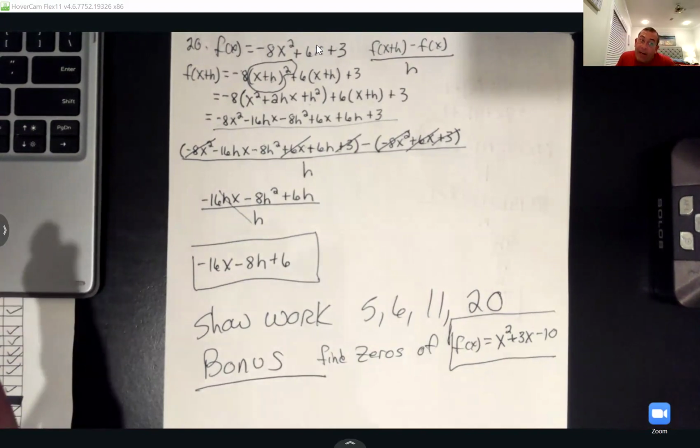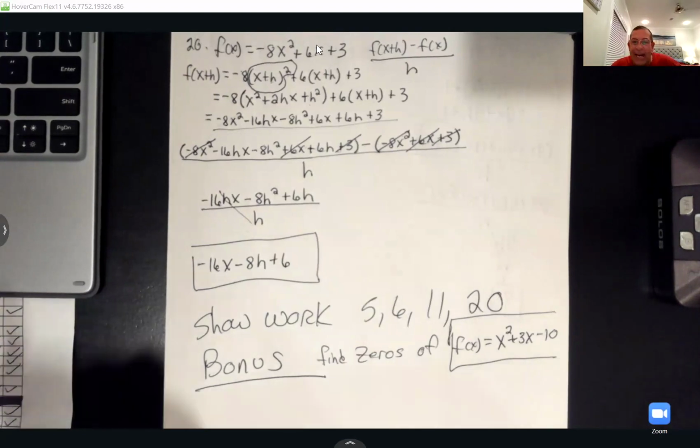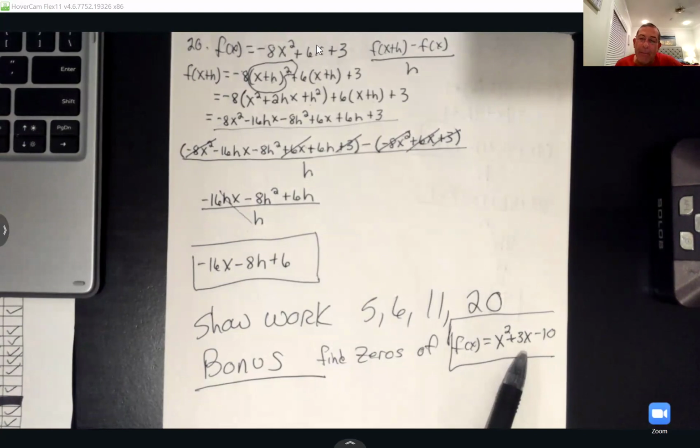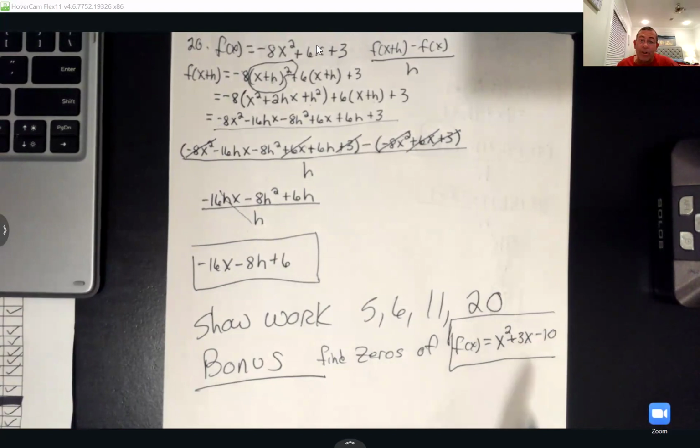So that's half a letter grade, okay? So I can turn 100 into a 105. I can turn 85s into 90s, 65s into 70s, and so on, okay? And you can use any method. You can factor that. You can use the quadratic formula. You can graph it and look for the x-intercepts. Any way that you can find me the two solutions, or the zeros.